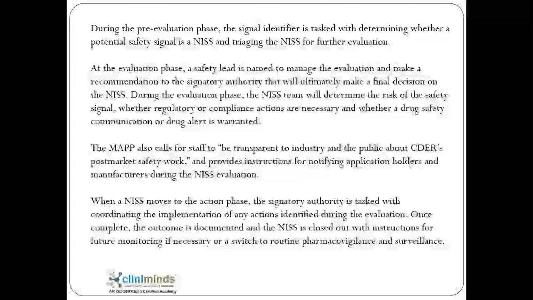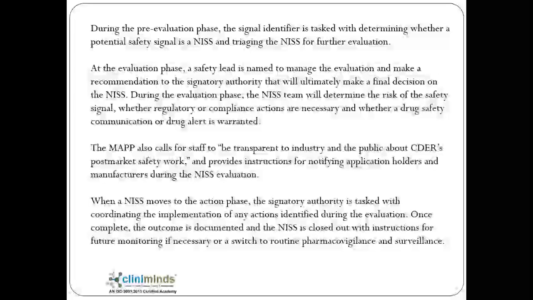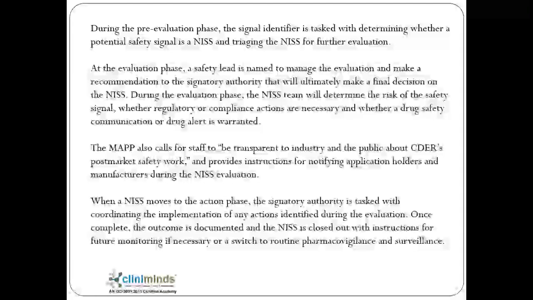Then the second phase is the evaluation phase, where a safety lead is named to manage the evaluation and make the recommendation to the signatory authority that will ultimately make a final decision on the NISS. During the evaluation phase, the team will determine the risk of the safety signal, whether regulatory or compliance actions are necessary, and whether a drug safety communication is warranted.